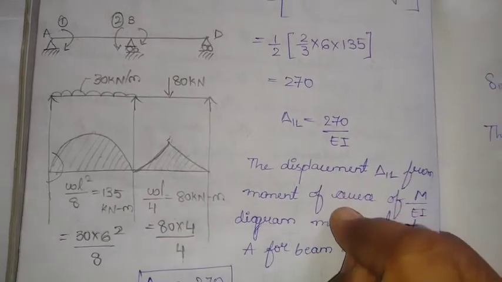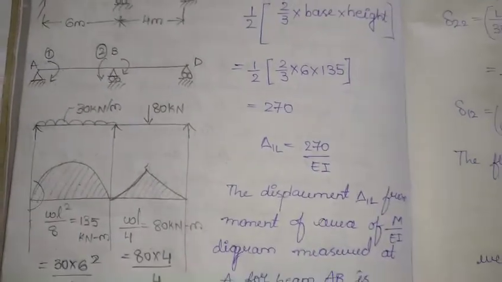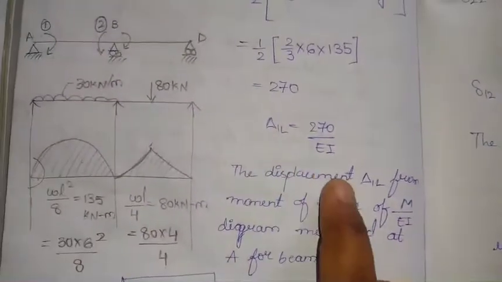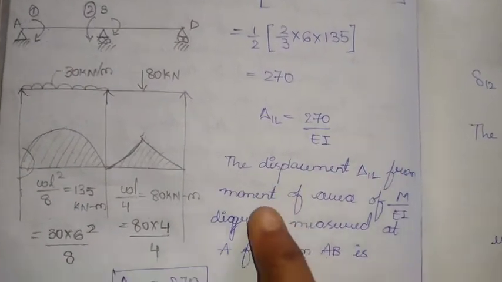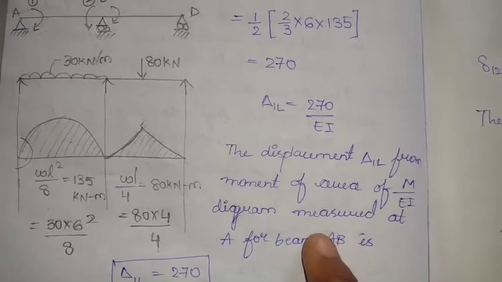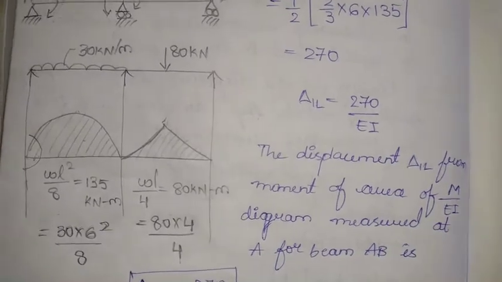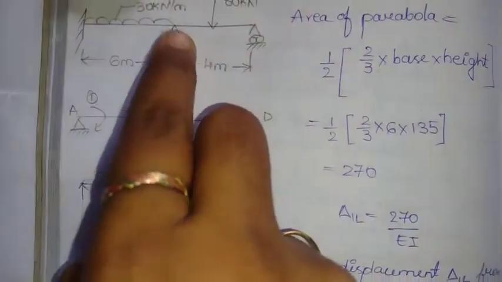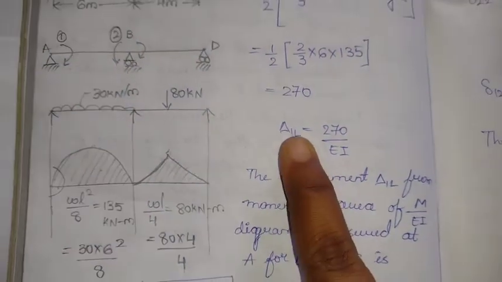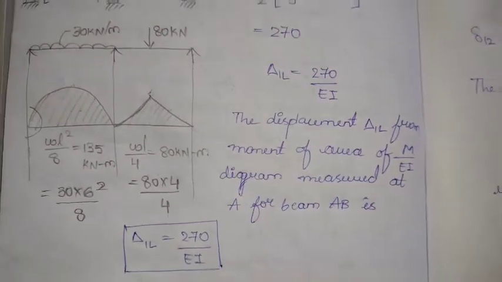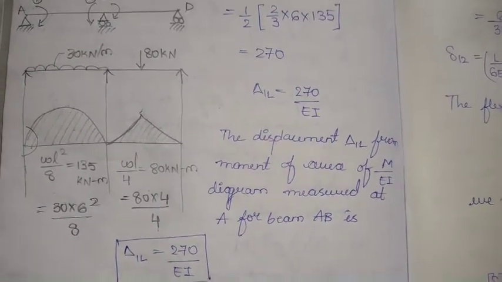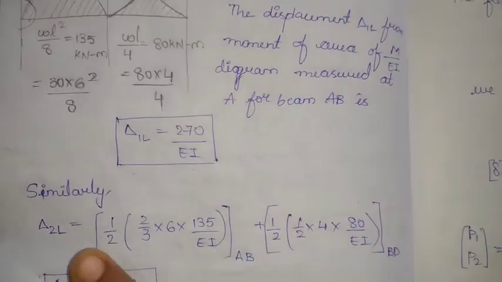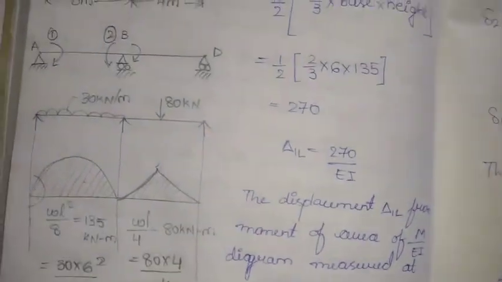Next, the second redundant force we assumed. The displacement delta 1L from the moment of area of the M by EI diagram measured at A for beam AB. For span AB, we are taking it as delta 1L. To calculate delta 2L, that is at this point.